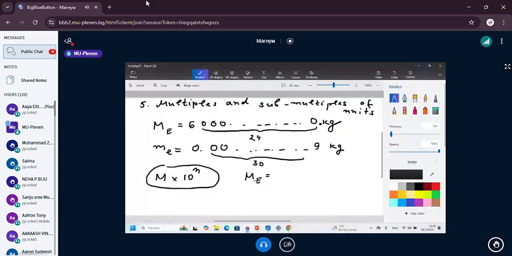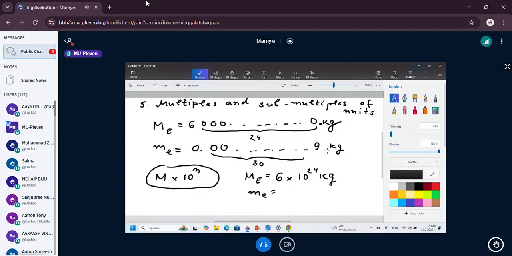So we get 6 times 10 to the power of the number of places shifted, 24, kilograms. This number is the same as the original, but written more compactly, more easily: 6 times 10 to the power 24 kilograms. About the mass of the electron.